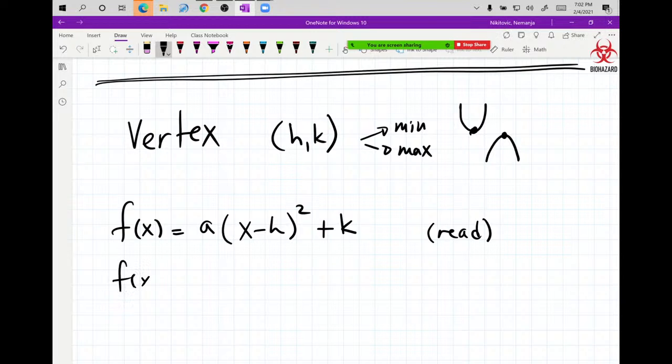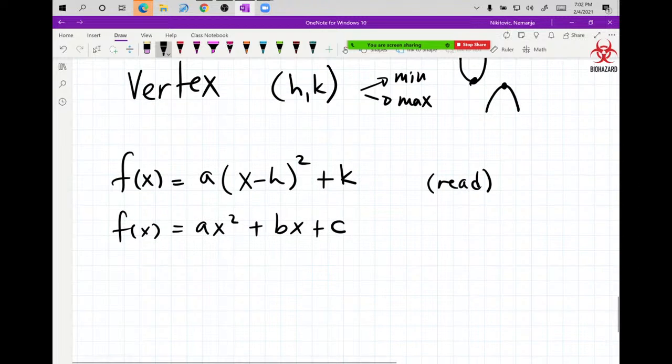But if you have f of x equals ax squared plus bx plus c, then your vertex can be calculated using the formula. Your h, which is the x-coordinate of the vertex, is going to be negative b over 2a. And this is what I used in 1.10, if you remember, to find that point of a minimum and a maximum so we can figure out the price of the ticket.